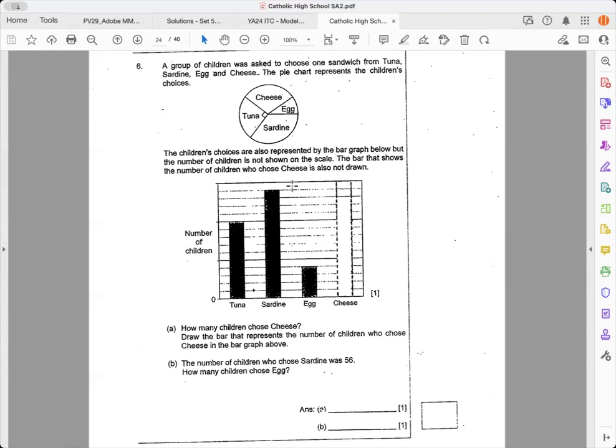The children's choices are also represented by the bar graph below, but the number of children is not shown on the scale. The bar that shows the number of children who chose cheese is also not drawn. Okay, how many children chose cheese?